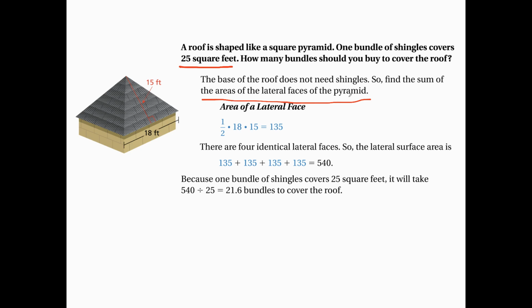So I take the 540, which is that lateral surface area, divided by 25, and I get 21.6. So can I buy 21.6 bundles? No, I can buy 22 bundles and just know that on that last bundle, I won't use all of it. All right, so buy 22 bundles of shingles.